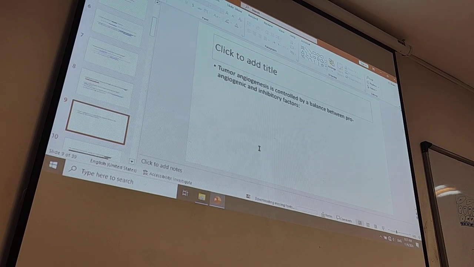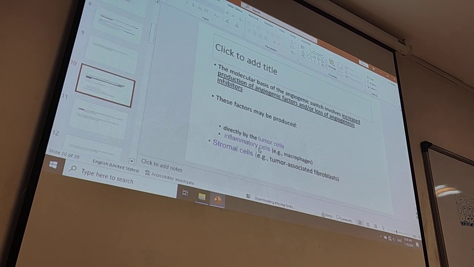And here we have some pro-angiogenic factors and some anti-angiogenic factors, and in the normal situation, in the normal people, these two groups of factors are in balance with each other. But in the tumoral environment, we have imbalance between them, and the tumoral cells need more pro-angiogenic factors, and they want to inhibit the anti-angiogenic factors.